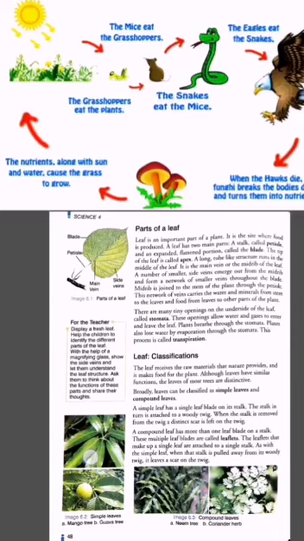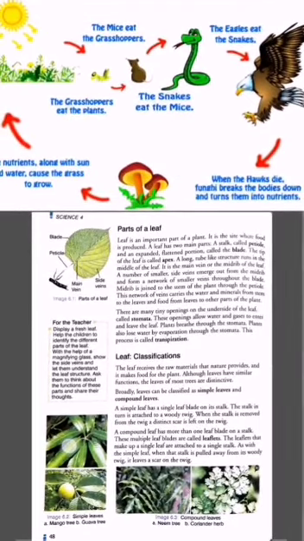When these eagles and hawks die, their remains break into the soil, and we can say that their body provides nutrients.